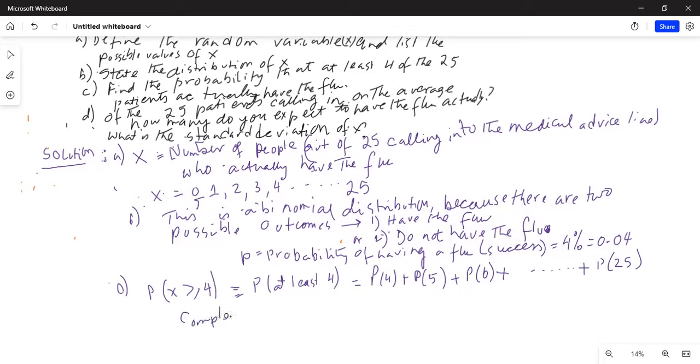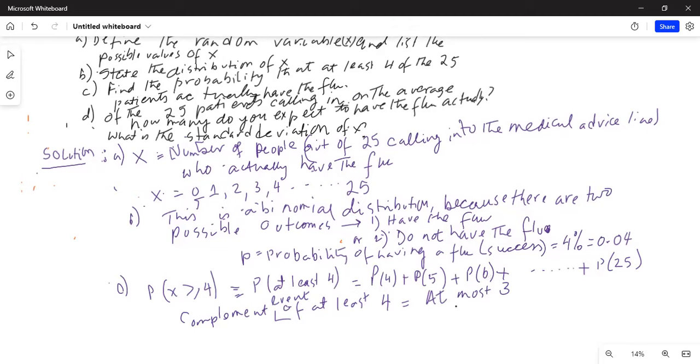The complement of at least 4 is at most 3. That is just the opposite of at least 4. Remember, at least 4 means 4 is the lowest number, starting from 4 up to 25.